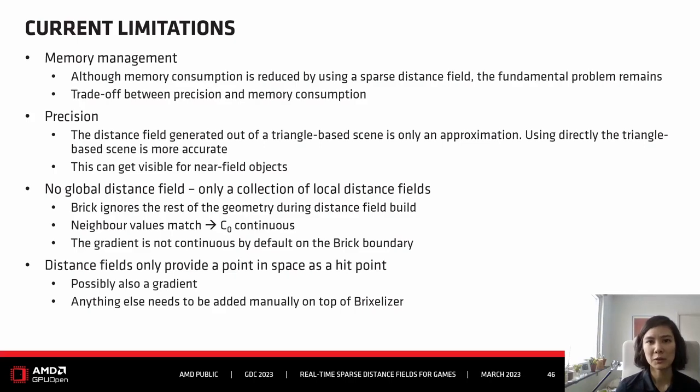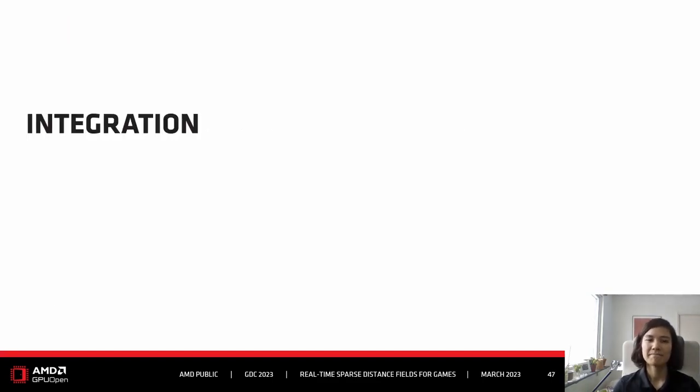Maybe you also get the gradient, but as I said, it's not C1 continuous, it's just C0 continuous. Anything else needs to be added manually on top of Pixelizer. Pixelizer only gives you the hit point of the scene with this ray. But that's basically all about Pixelizer itself.